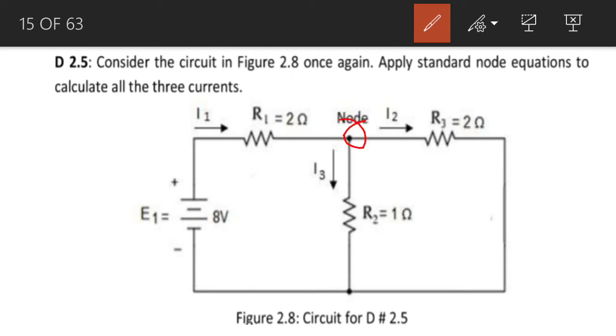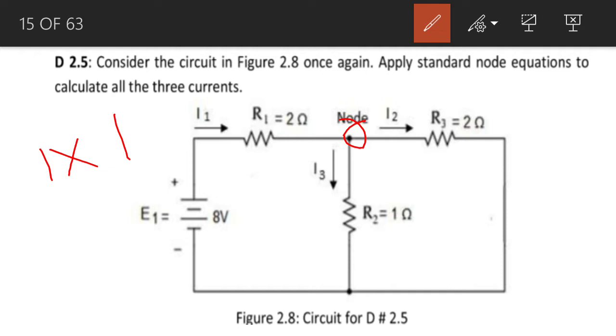in this particular circuit, and we shall write down the standard node equations directly in the matrices format, and we know that the size of the G matrix depends upon the number of nodes in the circuit. As there is a single node in the circuit, the size of the G matrix will be 1 by 1.